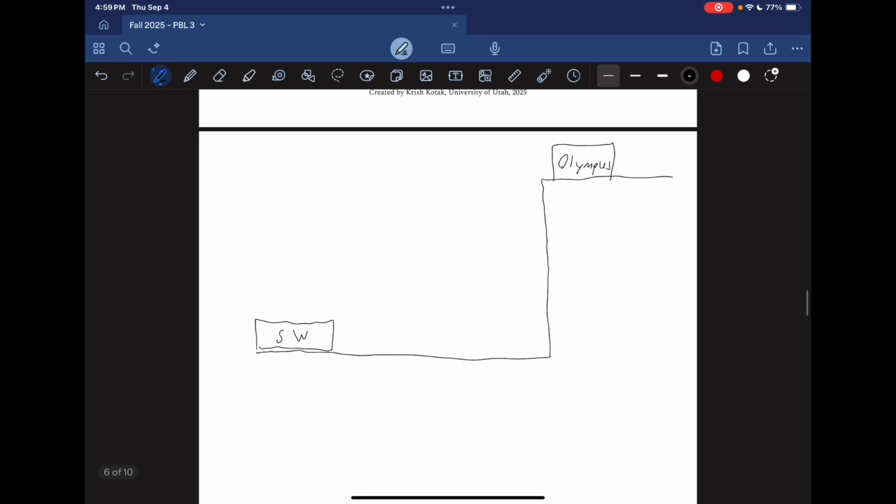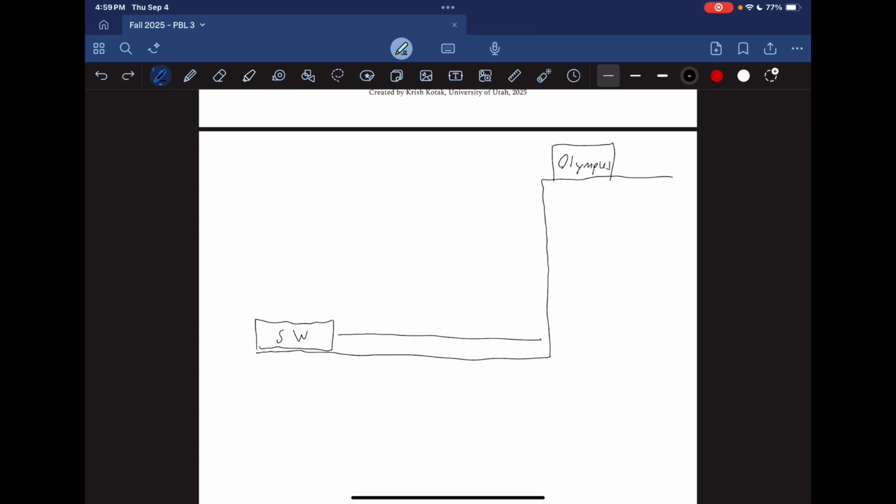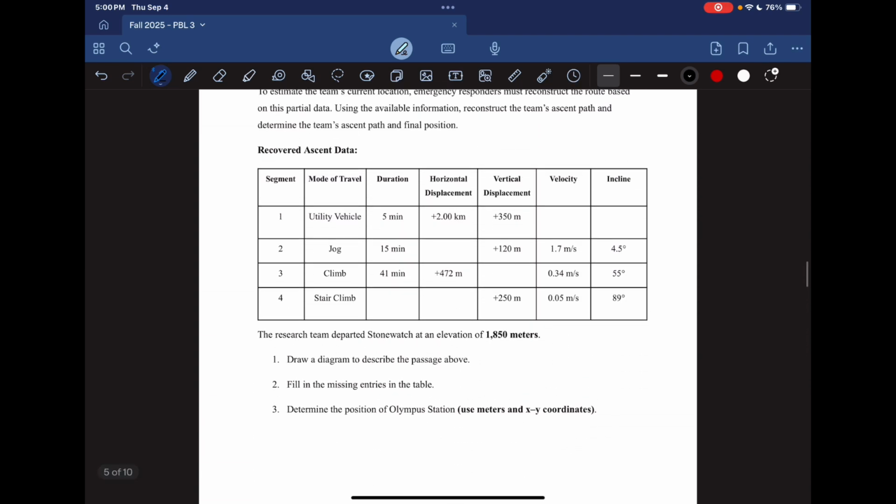So they have some distance they need to travel here, a total delta x and a total delta y that they will need to travel as well. So let's find delta x and delta y given our information.